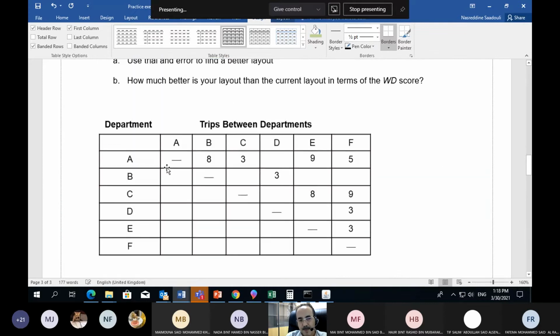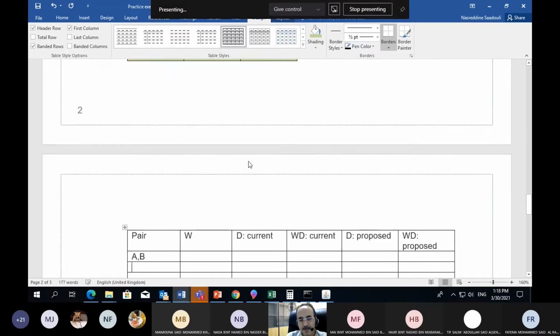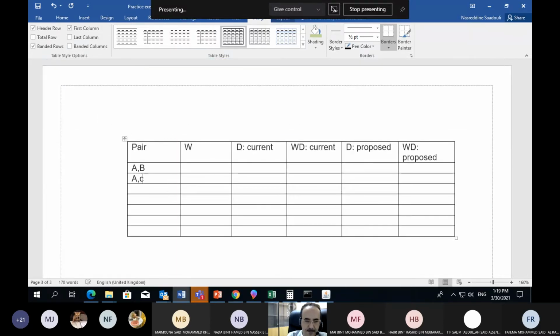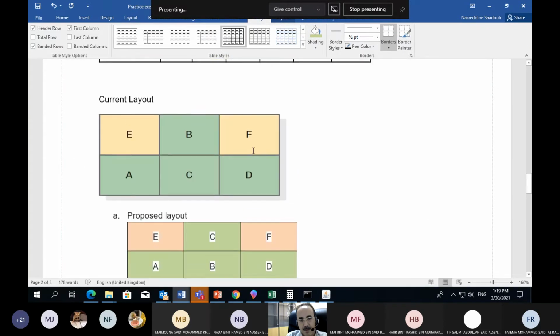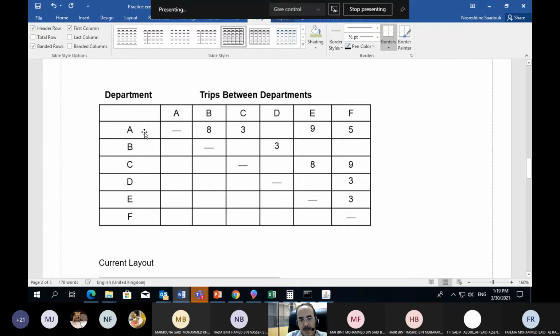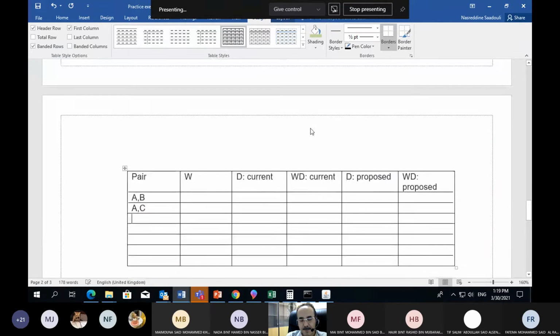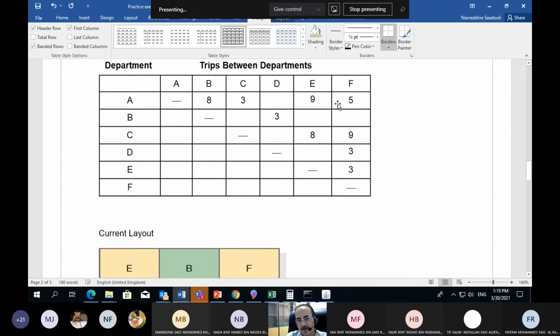Then A, C. That's another pair. Then A, E. You see, D is irrelevant, there's nothing in there, so I just put the pair A, E. And AF, you can see there is a value here, so AF.